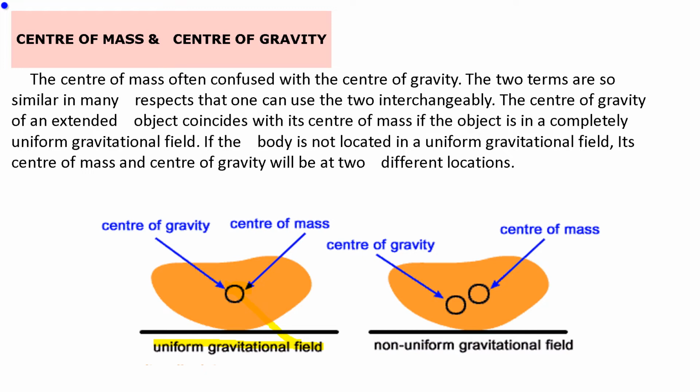And if we apply a non-uniform gravitational field, then the center of gravity and the center of mass will be different. So it depends on the applied condition, whether the gravitational field is uniform or non-uniform.